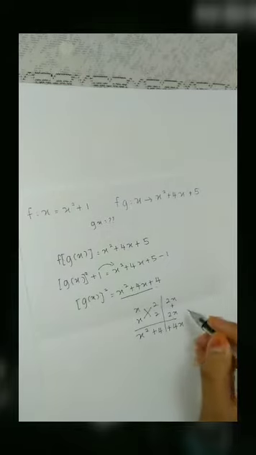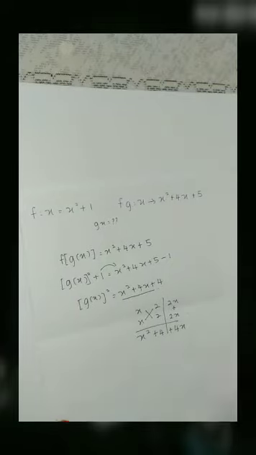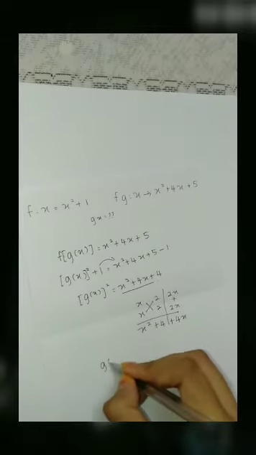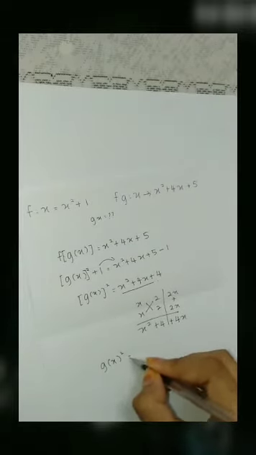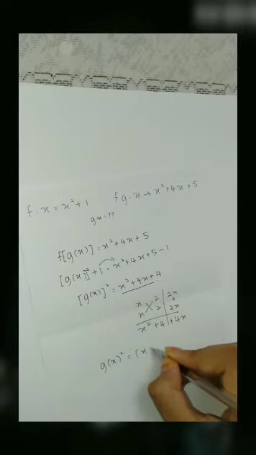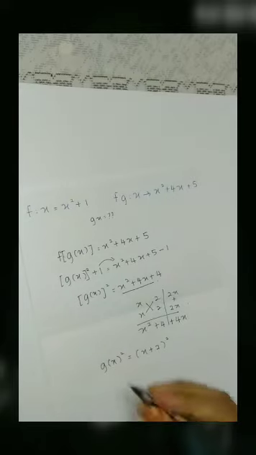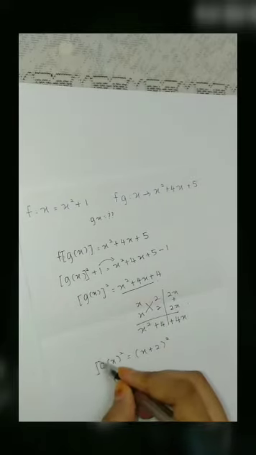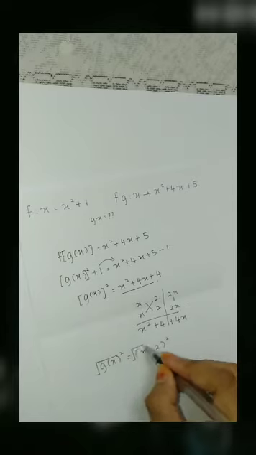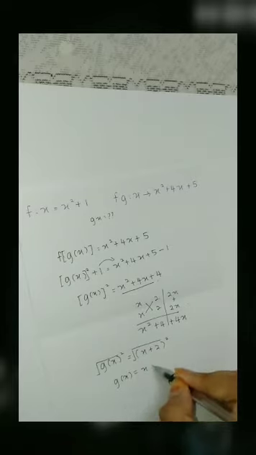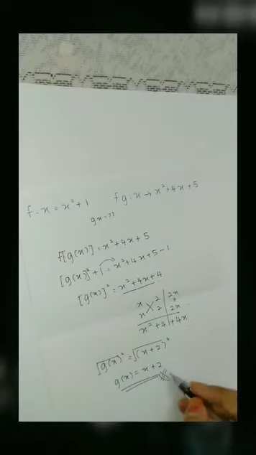Or you can use this method or use your calculator. So we will get gx squared equal to x plus 2 squared, because this is plus 2 squared. So you have to square root it, and gx equal to x plus 2. So the final answer.